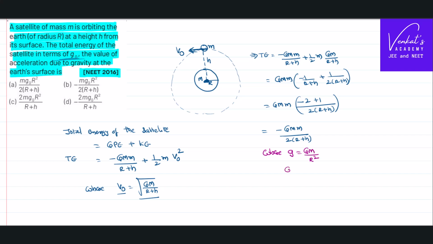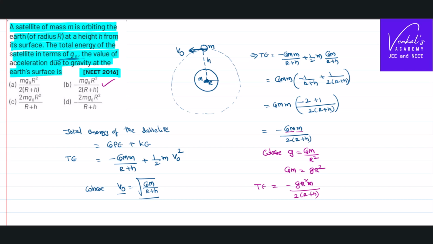So in the place of GM, you can write g r square. It implies total energy is minus g r square, and this m is there, and 2 of r plus h is there. So my answer is minus g naught m r square by 2 of r plus h. Option B is the answer for the problem.